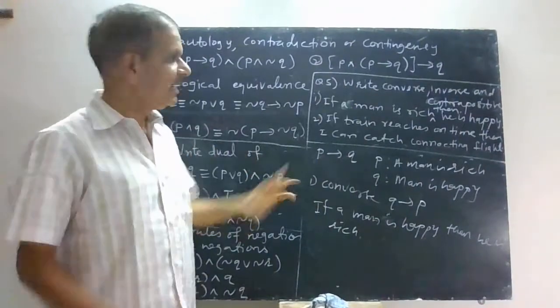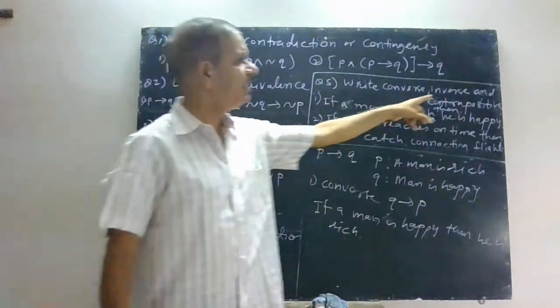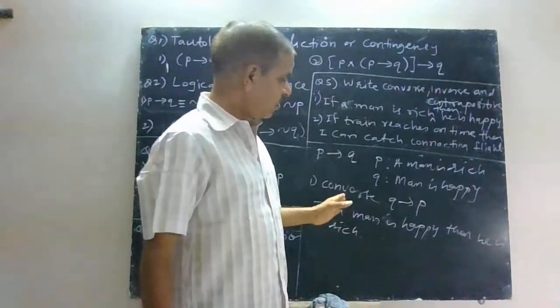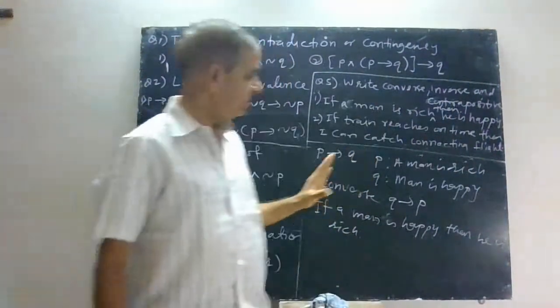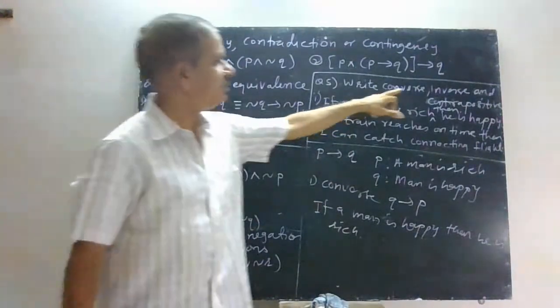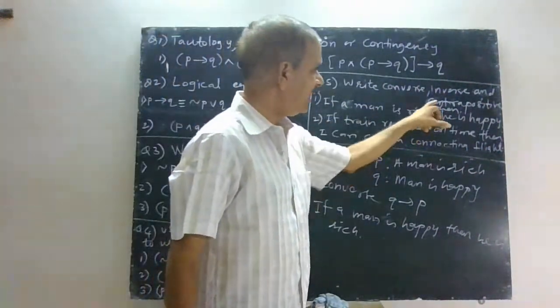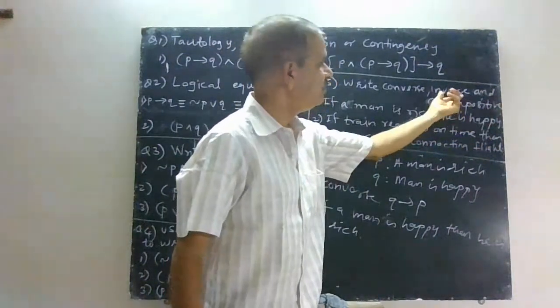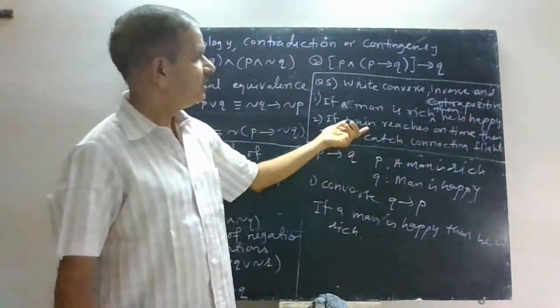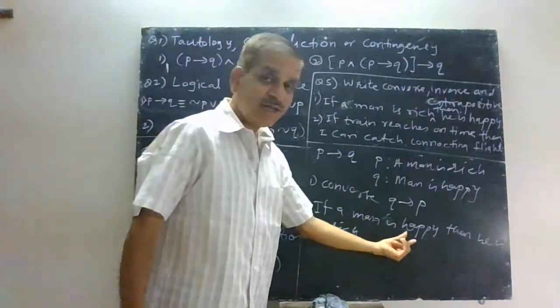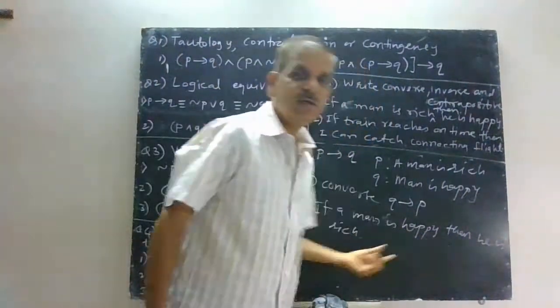You have to just put negations in the first given statement, you get the inverse, and you put negations in the converse, you get the contrapositive. So what will be the inverse? If a man is not rich, then he is not happy. That is your inverse. And lastly, you have written already this one, if a man is not happy, then he is not rich.